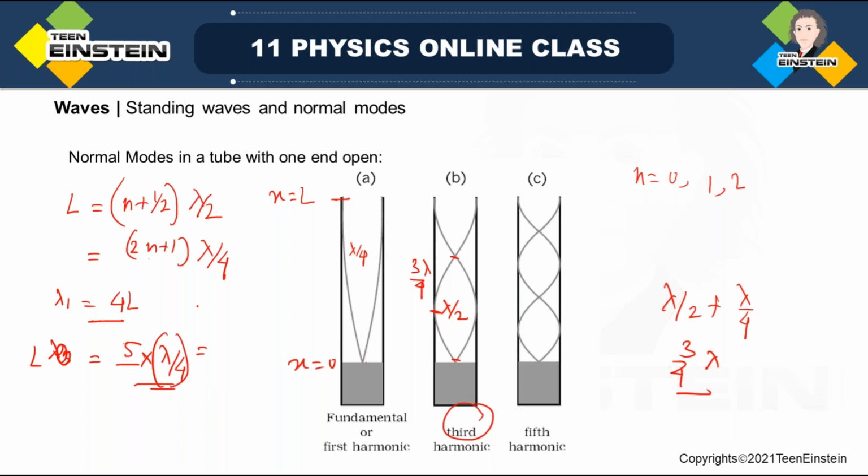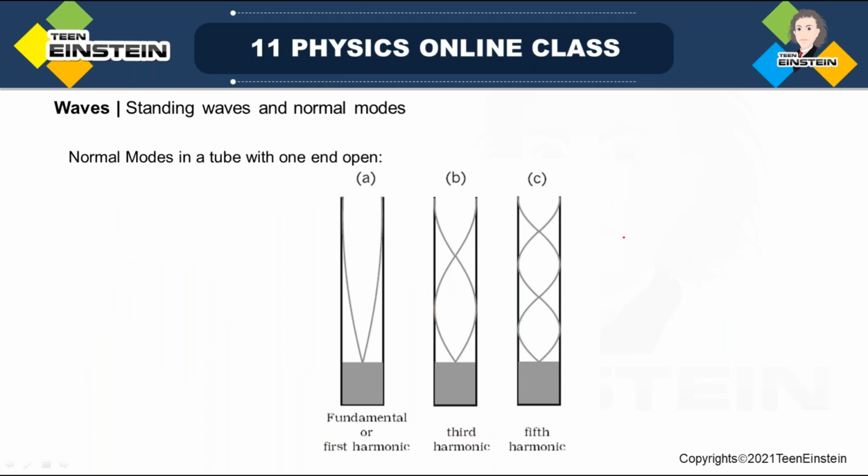Obviously, the harmonics we get in a closed pipe follow (2n plus 1) lambda by 4.